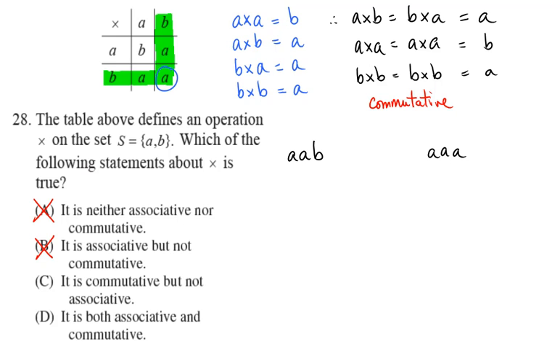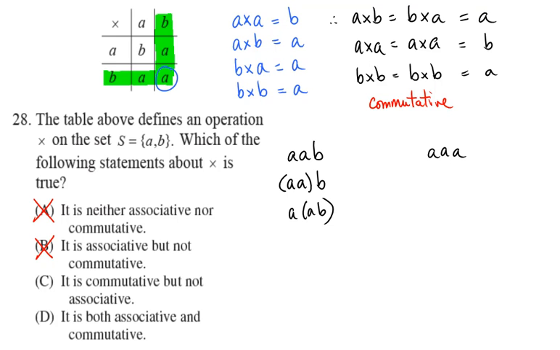And with AAB, we can multiply the first two together, or we can multiply the last two together. In order for it to be associative, whether we multiply the first two together or the last two together first, we should have the same answer.